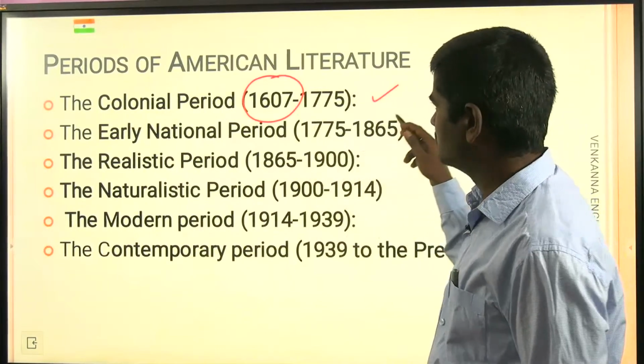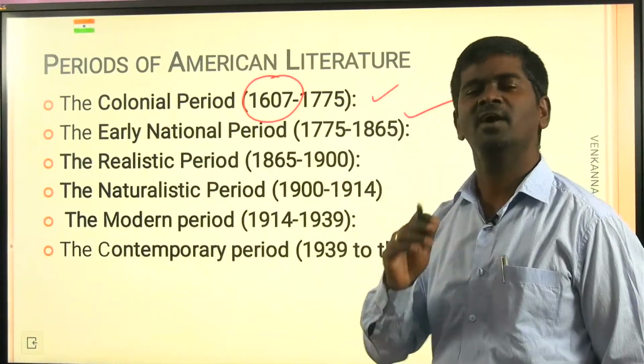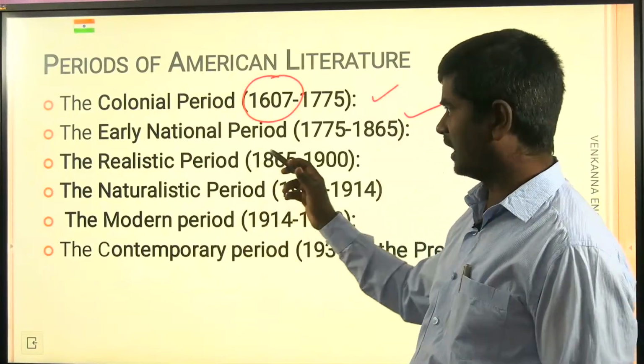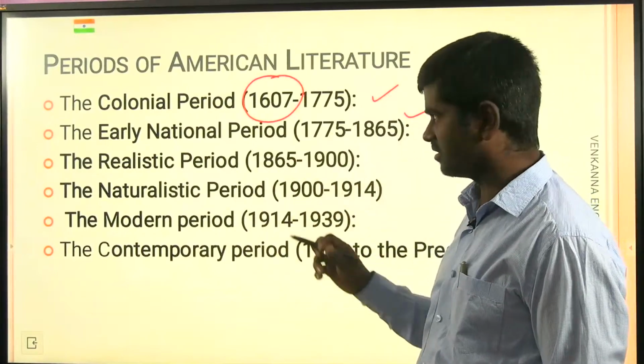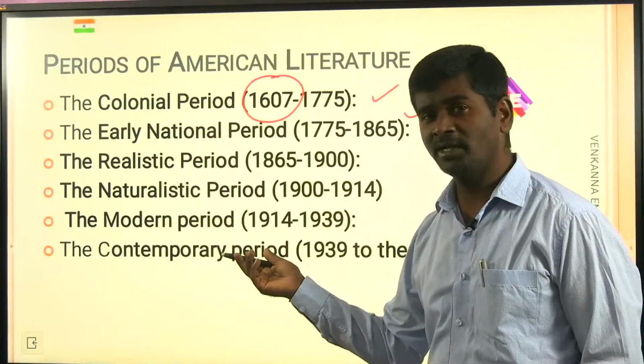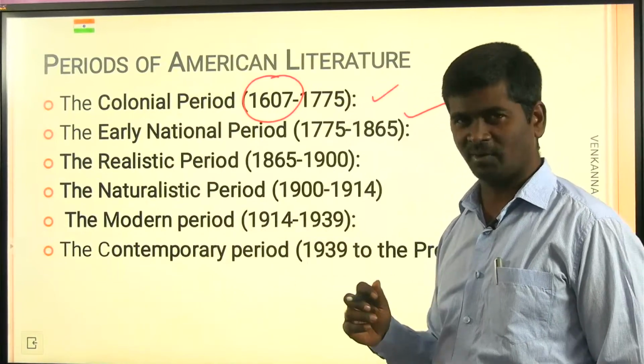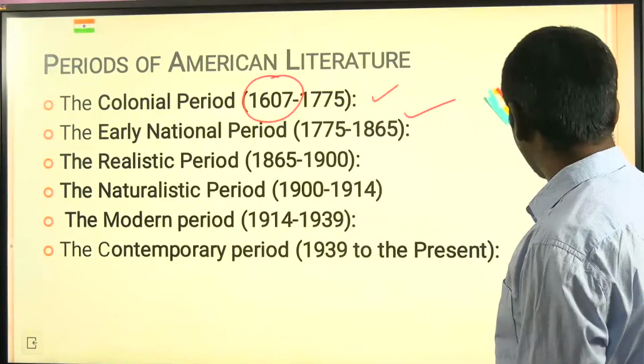And the second one, the early national period, 1775 to 1865. Very, very important period. Then the realistic period, 1865 to 1900, the naturalistic period, 1900 to 1914, modernism, 1914 to 39, and the contemporary period of American literature, 1939 onwards.